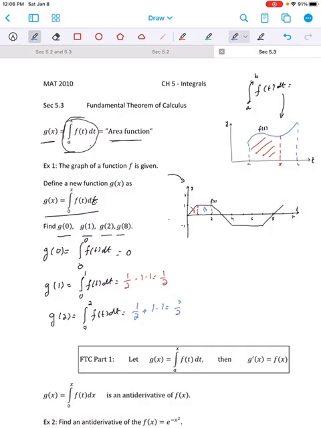Okay, so the next one is the value g of 8, which means the integral from 0 to 8 of f of t dt, which again means the net signed area. So basically this will be the area above the x-axis minus the area below the x-axis.